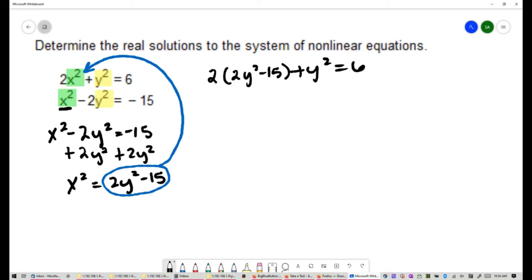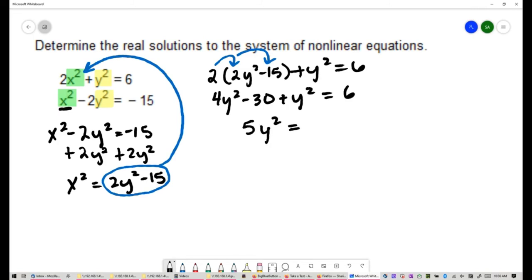I'll get rid of the parentheses using the distributive property. We'll distribute that 2 to both terms. That gives 4y squared minus 30 plus y squared equals 6. I can combine like terms, giving me 5y squared minus 30 equals 6.